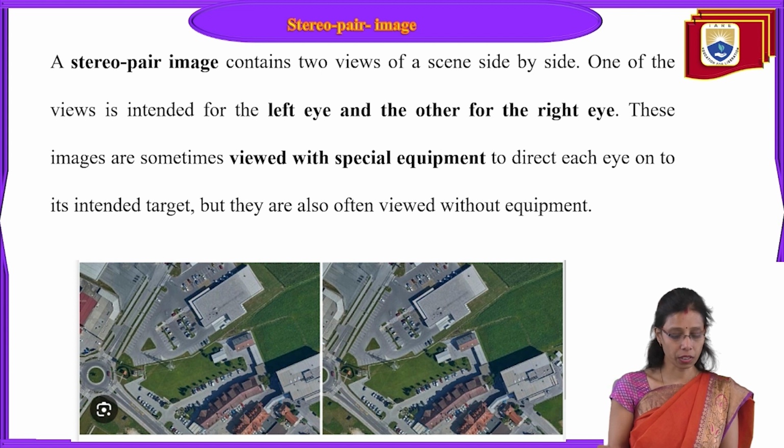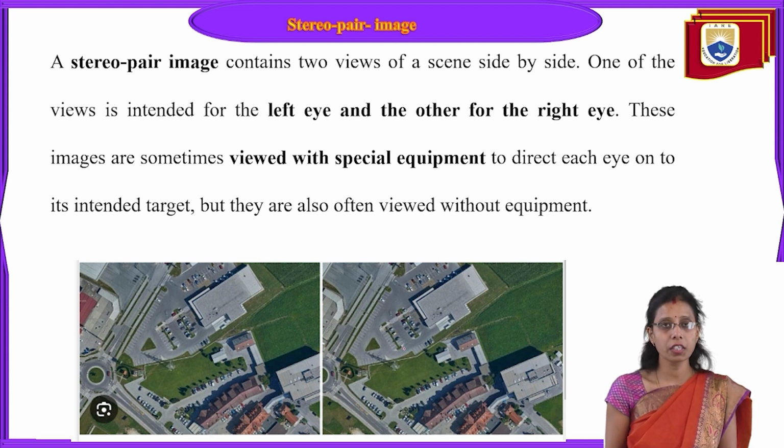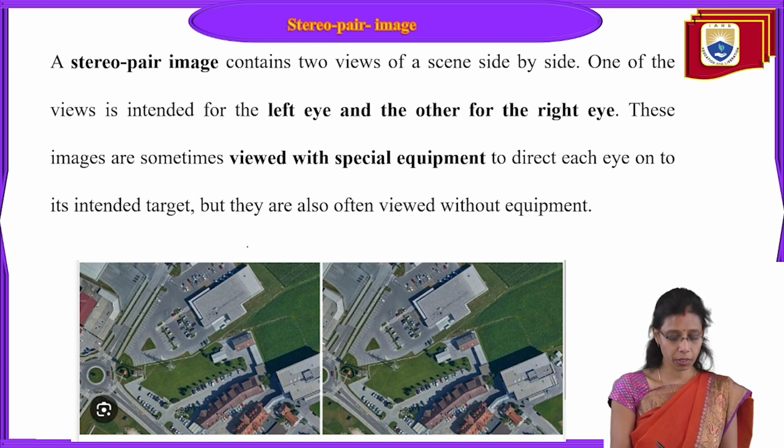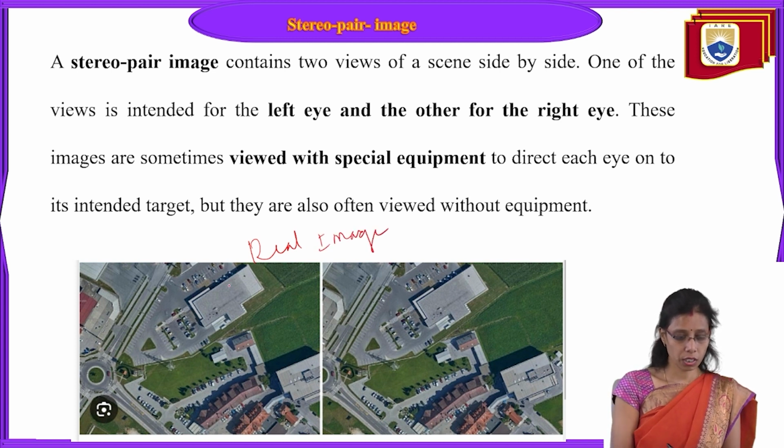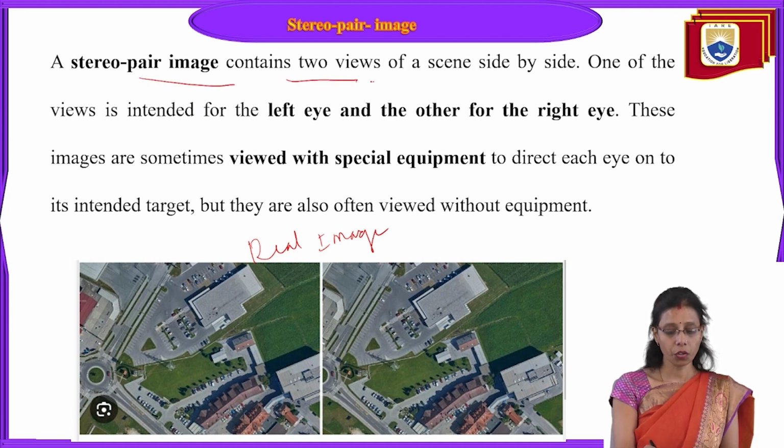Now, the stereo pair image. What we were discussing till now, the stereo pair like photo 1 and photo 2. This is the real image of an area. A stereo pair image contains two views of a scene side by side.